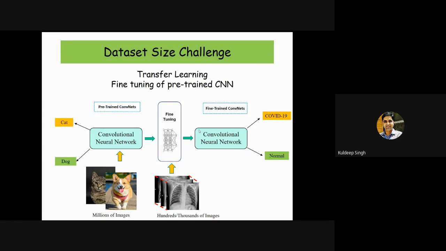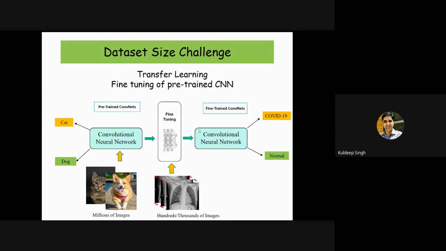It is trained on millions of images. We take it, we fine tune it for our domain with the help of the limited images which we have in our data set, and then this fine tuned convnet is used for our problem domain.